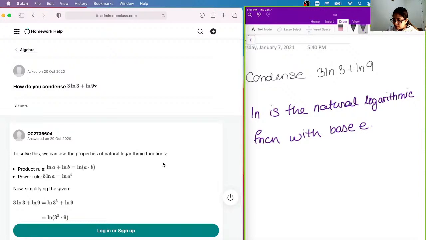Okay, and so to solve this, we can use the properties of the ln function.